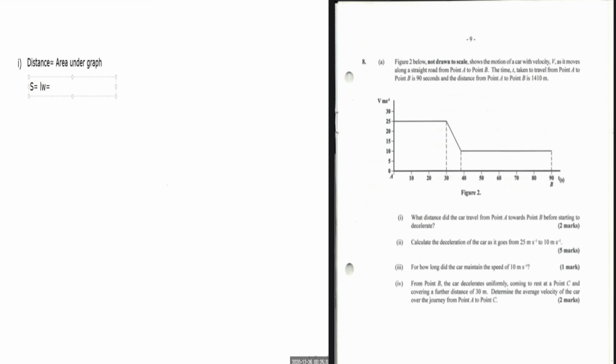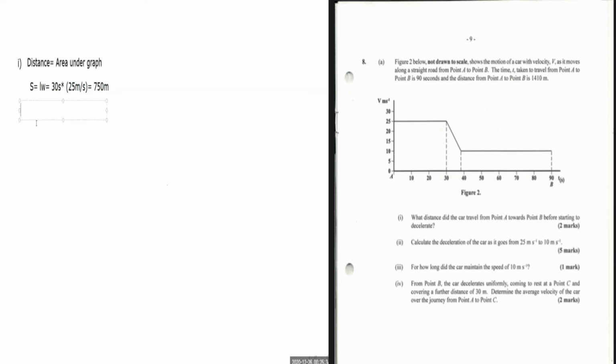The length looks like 30 seconds, multiplied by the width of 25 meters per second. So 30 times 25, and the distance before it decelerated was 750 meters.